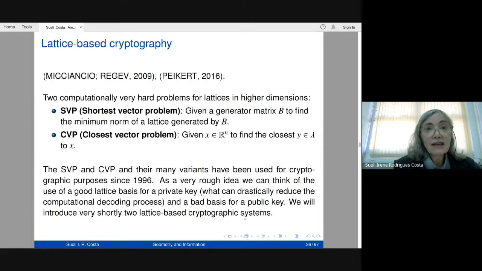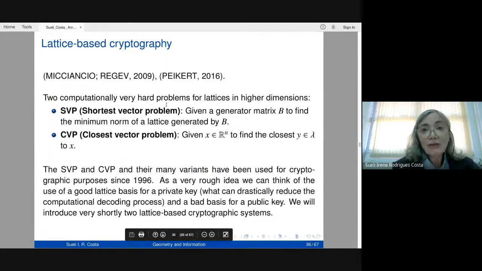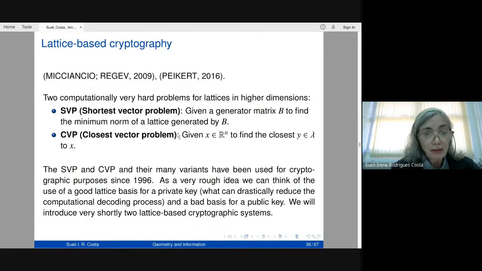Two computationally very hard problems for lattices in higher dimensions are the shortest vector problem and the closest vector problem. They have many variants and have been used in cryptographic proposals since 1996.